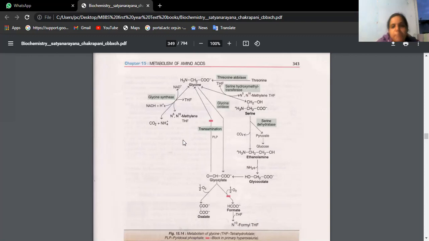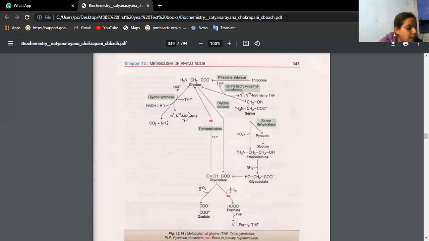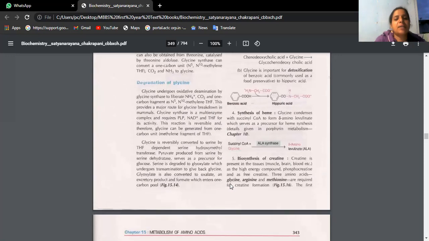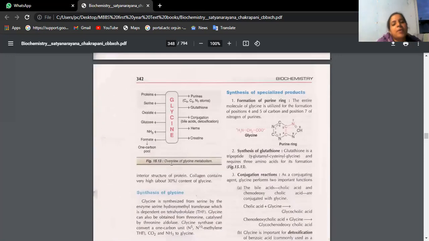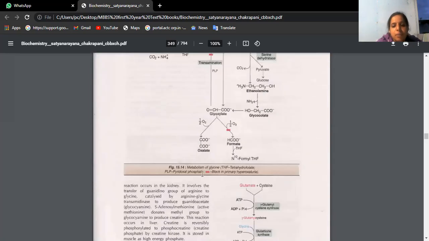So these are the steps, beta, glycine metabolism. That's why in this picture, what is written is metabolism of glycine. It's not written glycine catabolism or glycine synthesis. It's a two-way picture which you have to actually practice. So what are the products which are synthesized from glycine is one part of the answer, and these are the various products which are produced from glycine, like anabolism and catabolism. Both are seen together, we call it as metabolism.